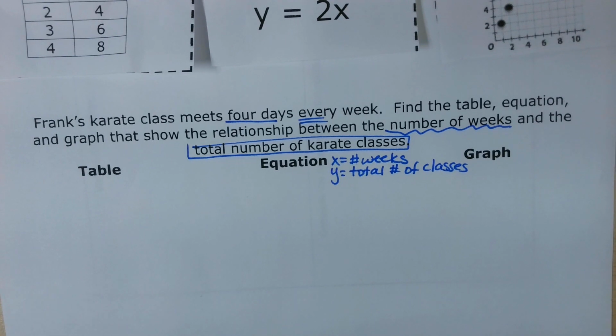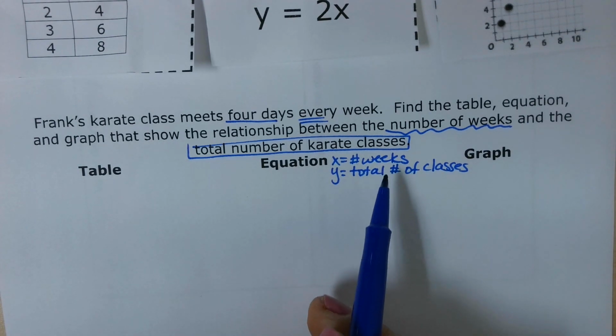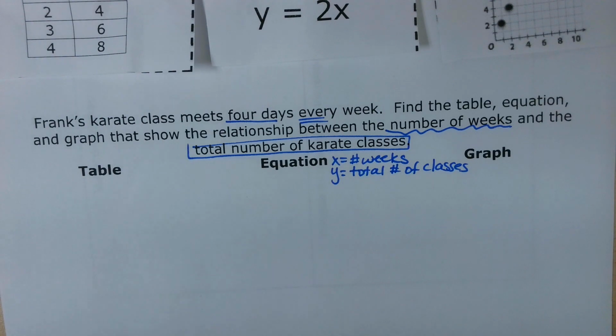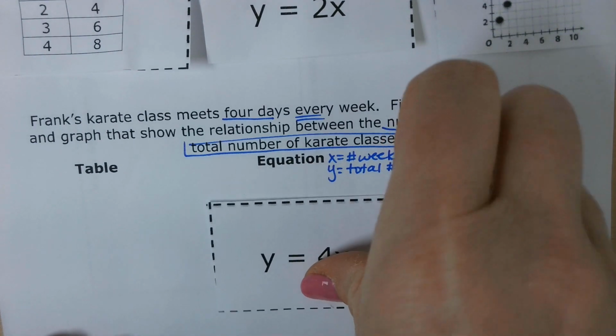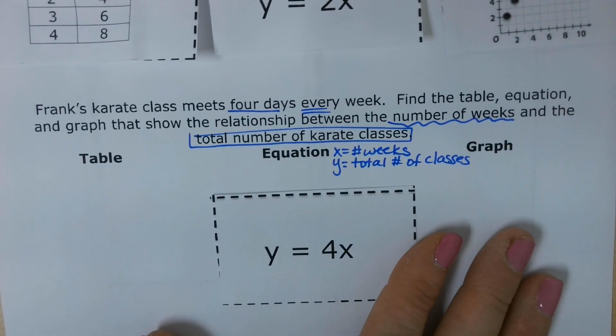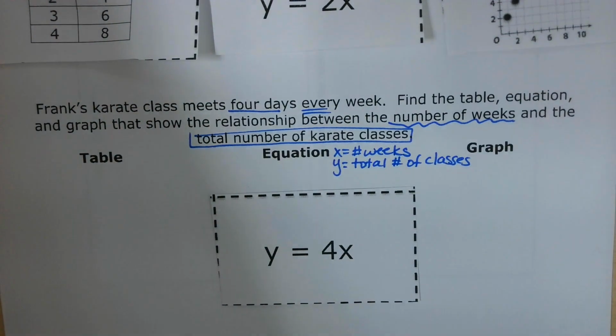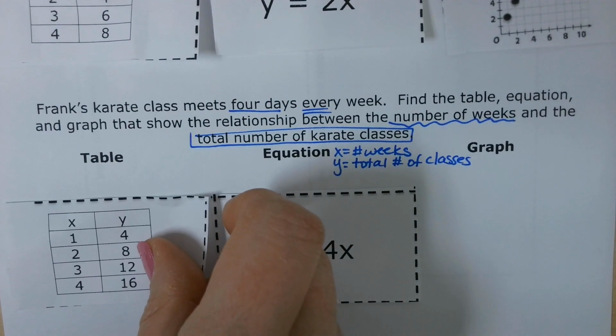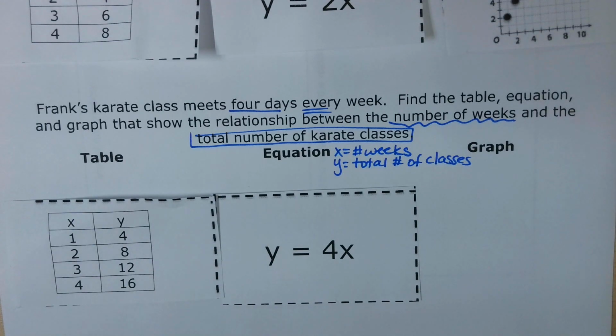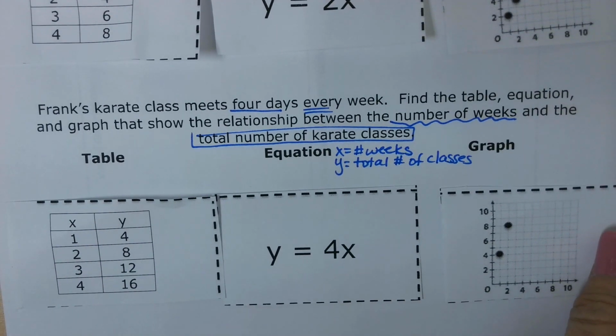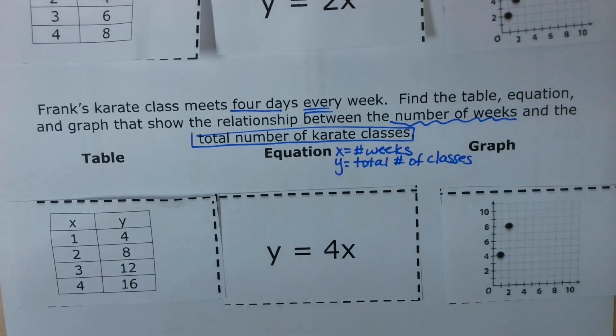And then the piece of information we need is that it's going to be 4 every week. So 4 times the week, which we don't know, so it would be 4 times x. So our equation is y equals 4x. And then our last table shows that as 1, 4, 2, 8, 3, 12, 4, 16. And our graph shows 2 of those points, 1, 4, and 2, 8.